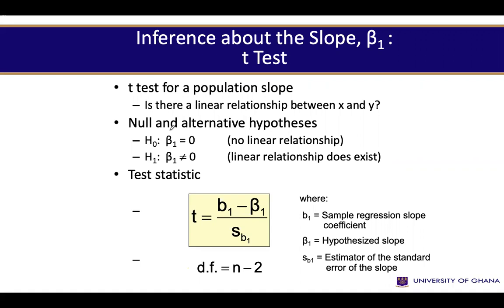I call it testing the predictive power of your independent variables. Sometimes you have several independent variables, and the model you turn out looks good. Your R squared is good, which tells you that generally your model is good, but if you look at how each of the independent variables contributes to the dependent variable, you realize that some of them are good and some of them are not so good.